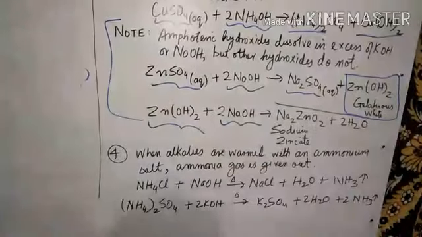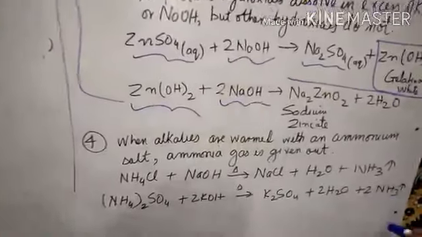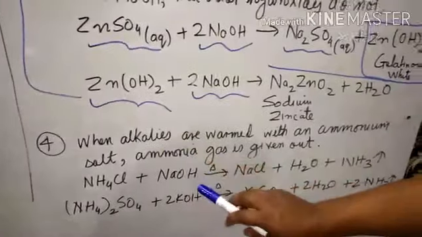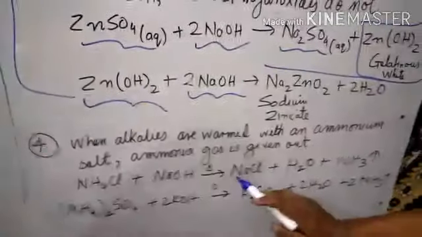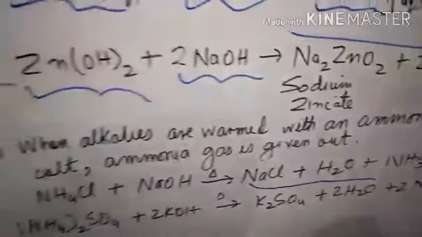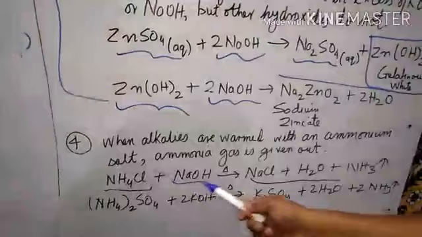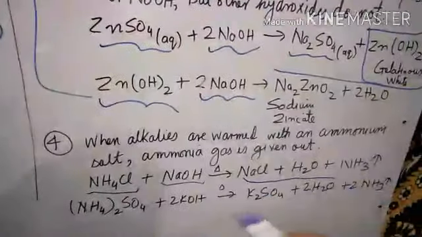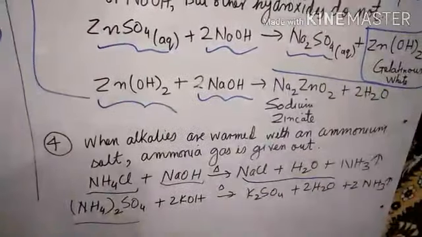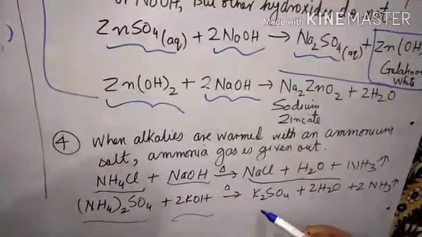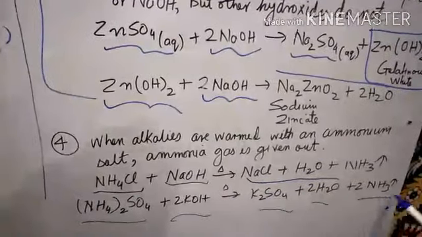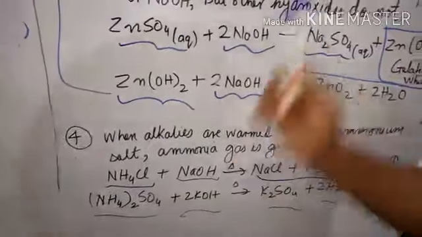Then we have the last one, when alkalis are reacted with ammonium salts. These are all reactions of NH3 production: whenever we react alkalis with ammonium salts, we have salt plus water plus liberation of ammonia gas. For example, we have NH4Cl reacted with NaOH, giving NaCl plus water plus ammonia. For example, we have ammonium sulfate reacted with KOH, and we get salt plus water and liberation of ammonia gas.